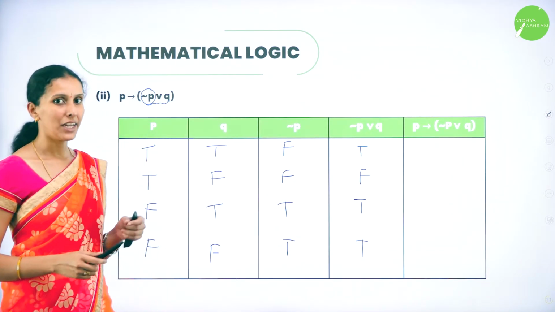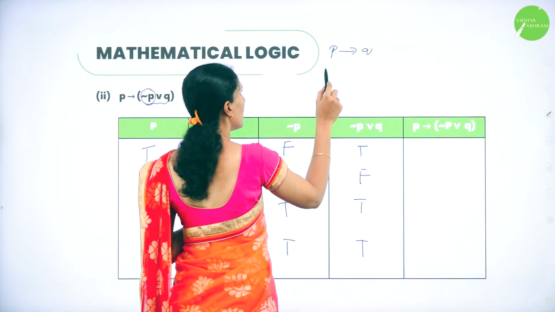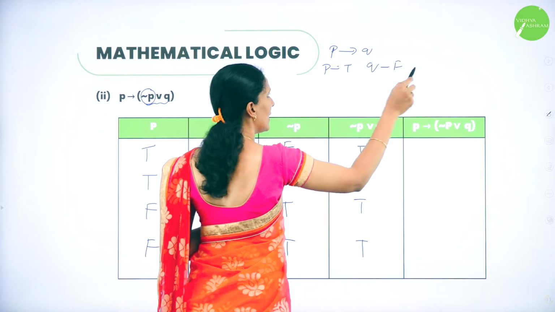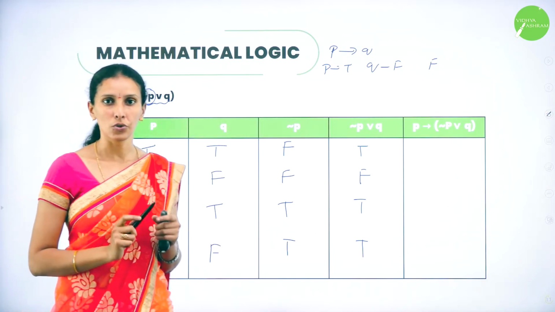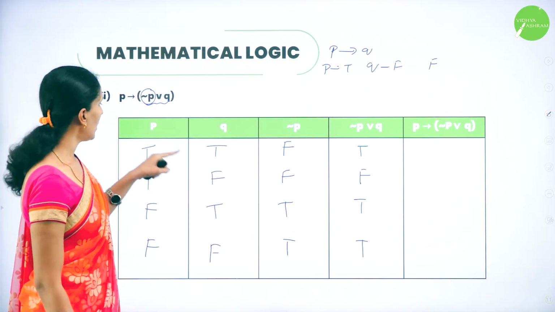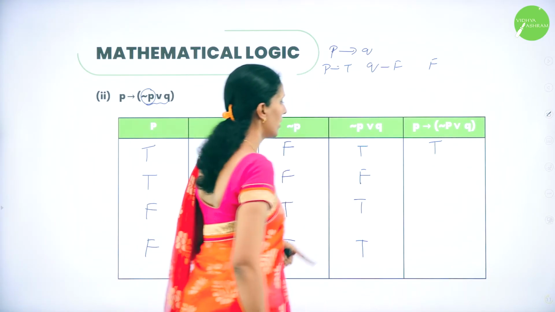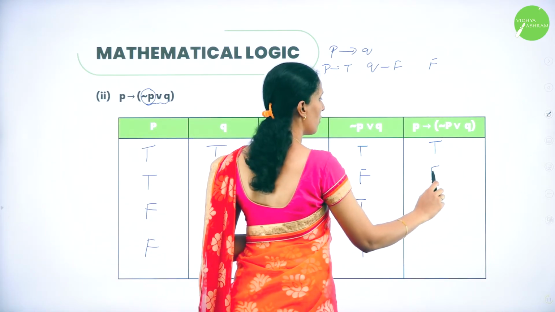Next, we have an implication. What does the implication imply? If you have P implies Q, if P is true and Q is false, then it is false. In all the other cases, it is true. So let's find the statement here. P is true, Q is true, therefore this is true. Next, P is true, Q is false, so it is false.